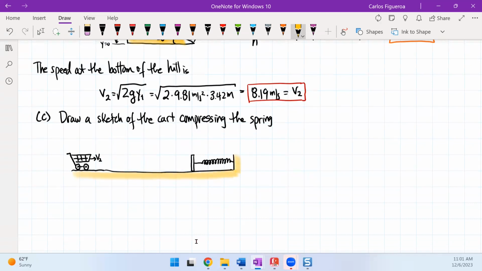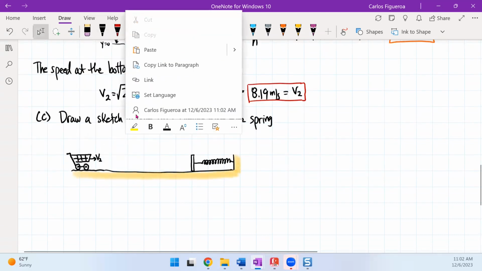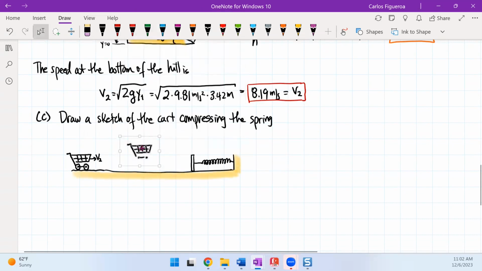So now what's going to happen? The cart is coming in, and it's going to start interacting with the spring here.